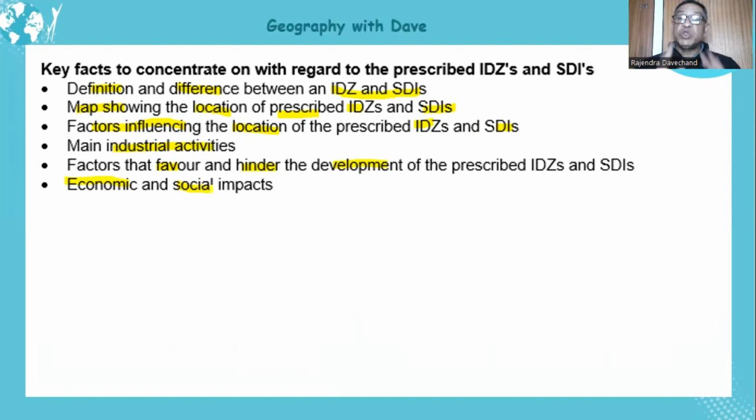Now, I know every time we do IDZs and SDIs that we always look at what they are first. It's important in order to put the section into perspective and context. So let's look at the industrial development zone. What is it? It is to encourage manufacturing in areas and use the resources of those areas to produce goods instead of importing them.